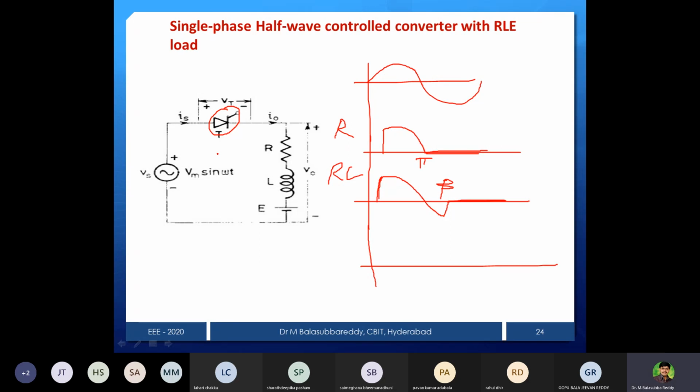If the device is turned off and I measure the voltage across this, what can I get? It's not 0, because we have a battery here. It may be any volts, 100 volts, 50 volts or whatever.